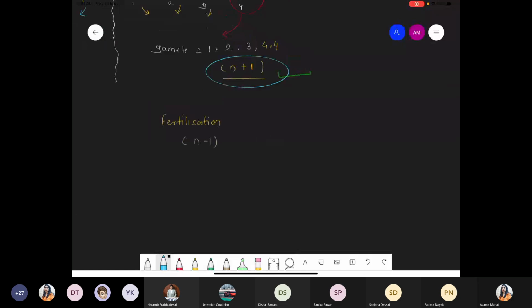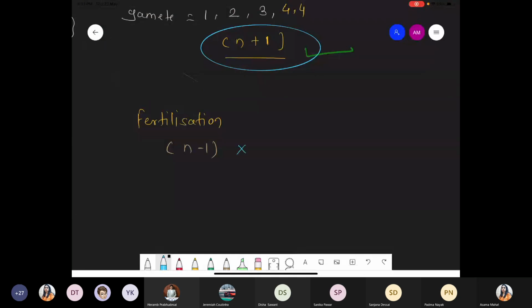So one gamete produced is n minus 1 due to abnormal meiosis, and it crosses with the normal gamete. The product will be 2n minus 1, which is monosomy.